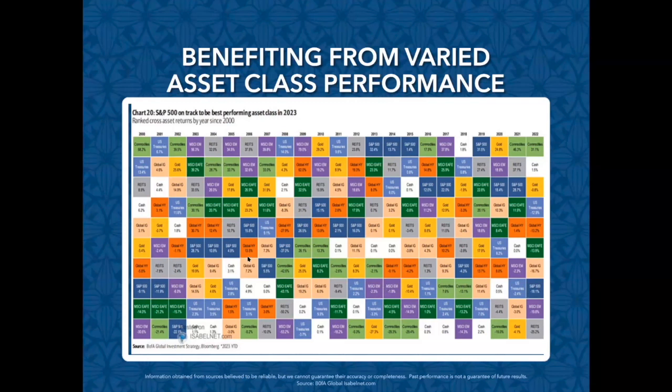And each asset class you can look at in the same way, where there's international developed markets is the dark green. It bounces around, it goes down, it comes back up. And this is how diversification works to your benefit when you have a mix of all of these different asset classes.